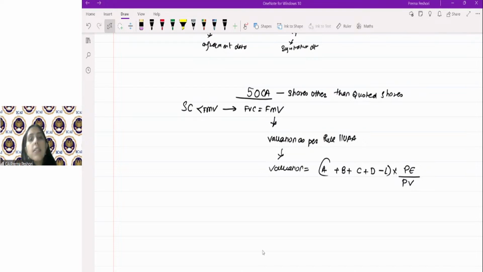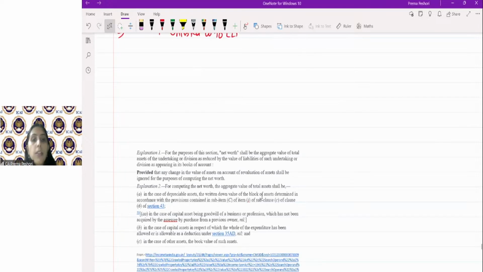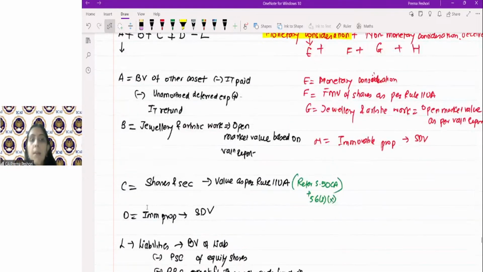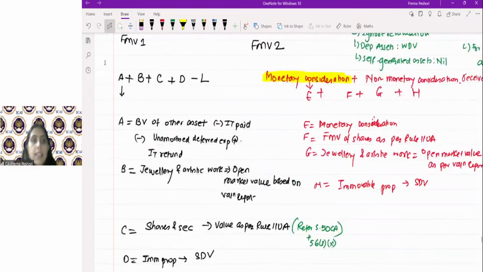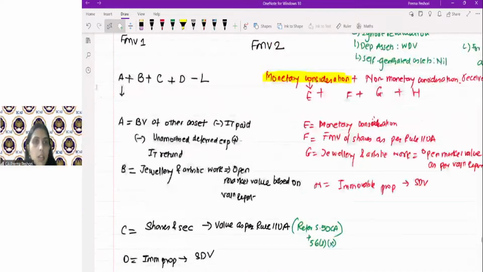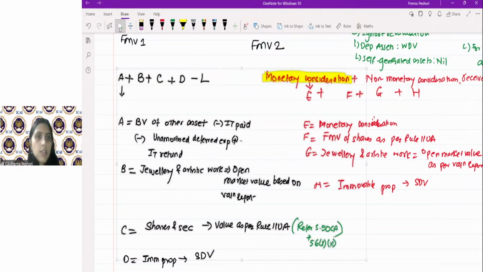Remember, all of this is same what we have done it for the slump sale. So if you see A plus B plus C plus D minus L, it's the same. So it's the same thing.